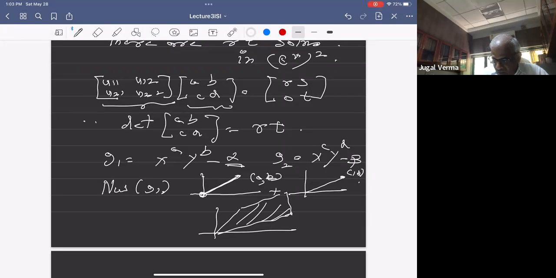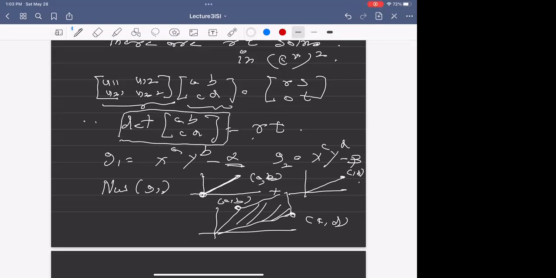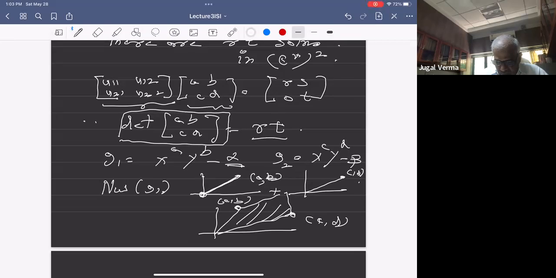What is the area of this parallelogram? It is the determinant of A B, C D. But that determinant is RT.